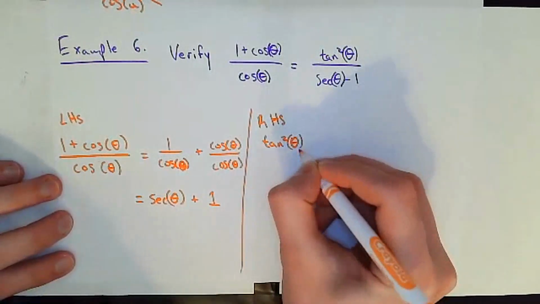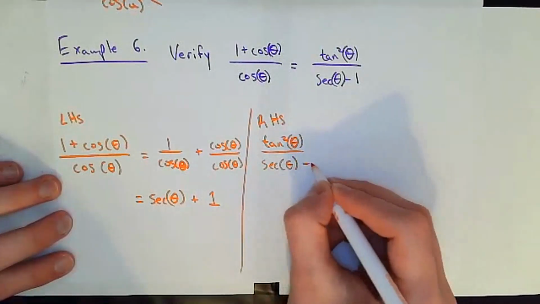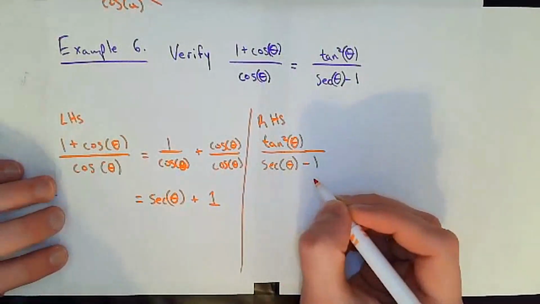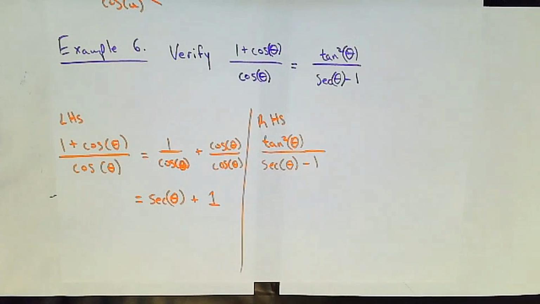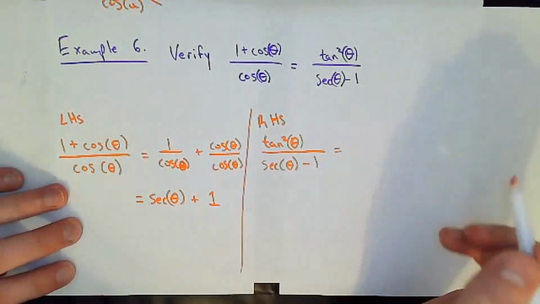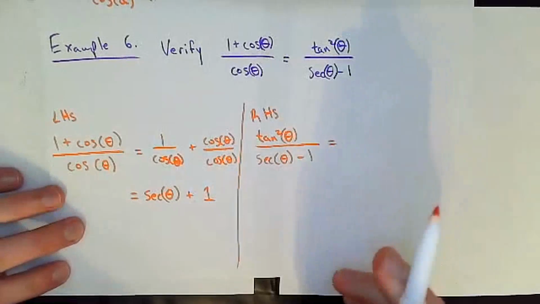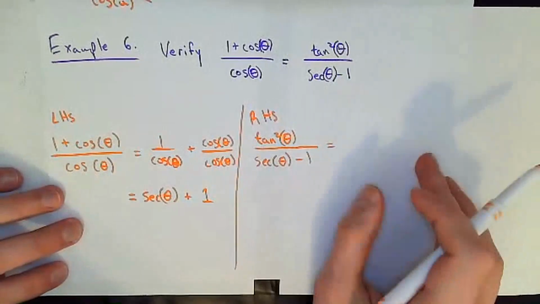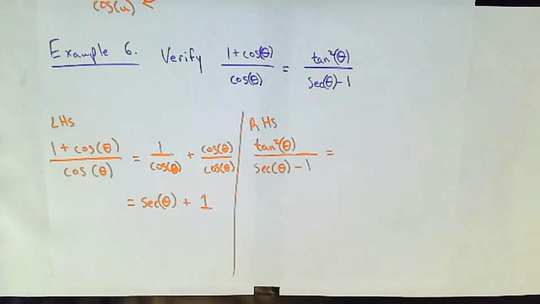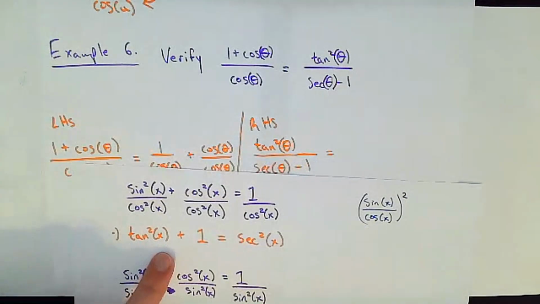Tangent squared of theta over secant of theta minus 1. I could write these all in terms of sines and cosines, but anytime I'm seeing squared trig functions, I should immediately be thinking about those Pythagorean identities. And if I go look at them, which one am I going to use? Well, of course, I'm going to use this one that involves tangent.